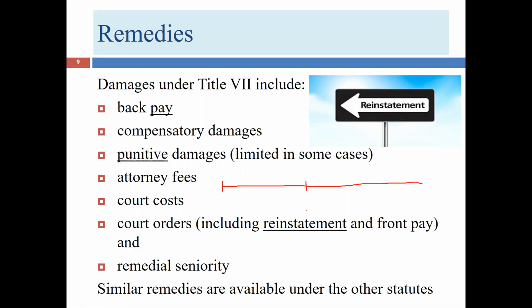Once the EEOC gets the charge, they may well have it for a year or longer, and then the 90-day window starts for when the lawsuit is filed. And then there could easily be another year or two before you get to trial.